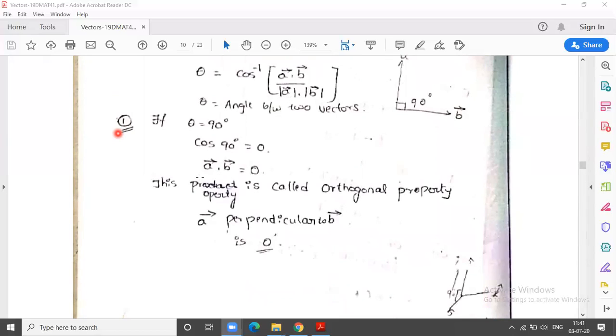So the dot product of those two vectors is 0. This becomes a shortcut: if you want to show two vectors are orthogonal, you just have to show the dot product of those two vectors is 0. Or if you want to show two vectors are perpendicular, you just have to show the dot product of those two vectors is 0.